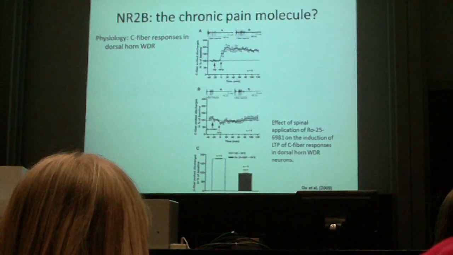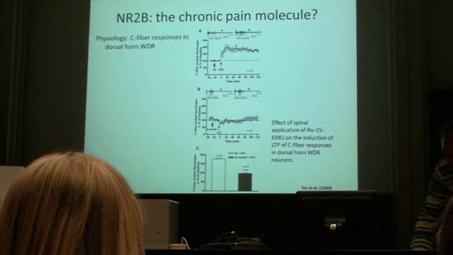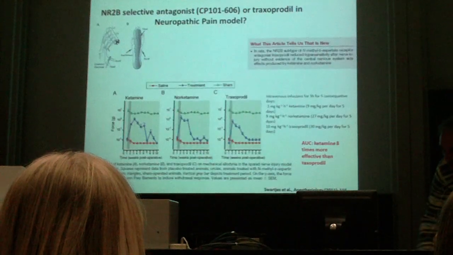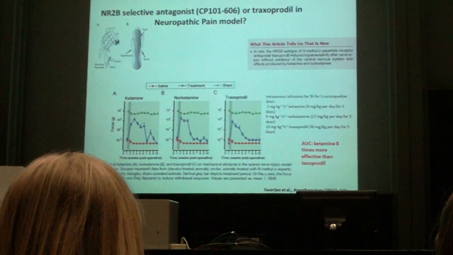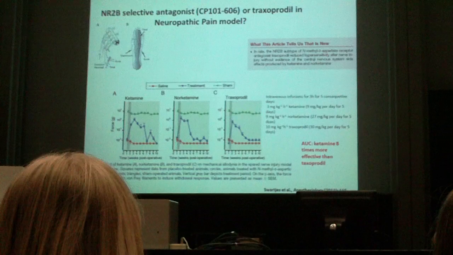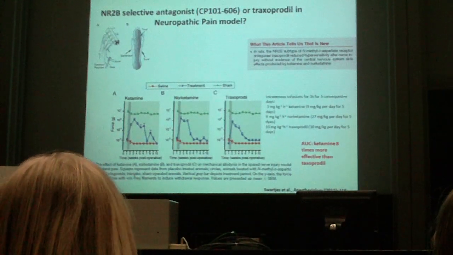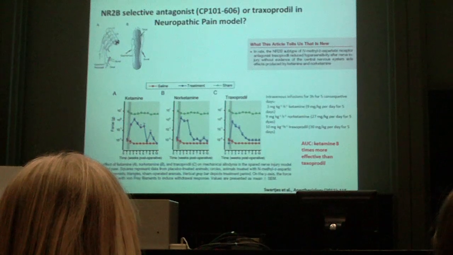So at the electrophysiological level, as well as the behavioral level, as well as immunocytochemically, these NR2Bs are quite promising. And in these years, and this is a publication from last year, people are using and testing these drugs in the laboratories.